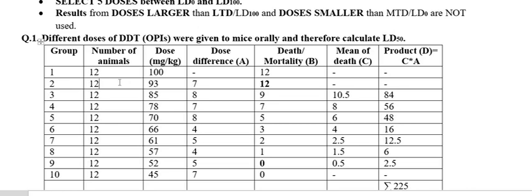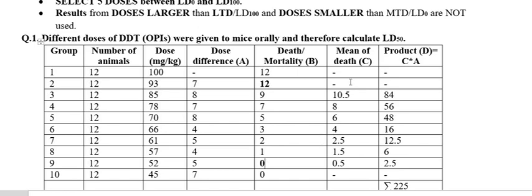Here also 12 mice died. That means above this dose, I mean 93 mg per kg, the mortality is 100%. So this is the minimal dose at which the mortality is 100%, above which you will always find 100% mortality. So this is the LD100 and this is the LD0. LD100 is also called the least tolerated dose, LD0 is called the most tolerated dose.